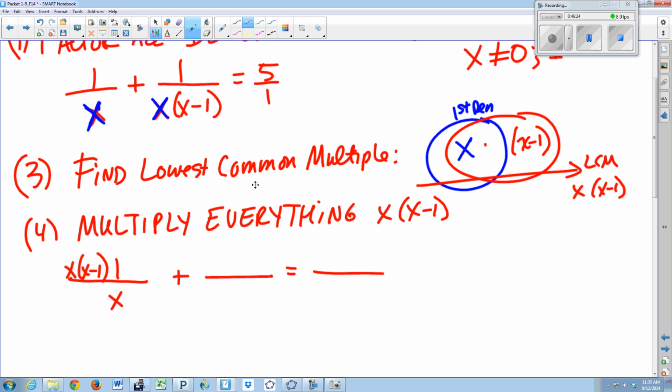Just throw everything in the numerator: x times x minus 1 times 1 over x times x minus 1, and then 5 times x minus 1 over 1. I'm going to put the original equation in black: 1 over x, 1 over x times x minus 1, and then 5 over 1. So you can see all I did was multiply each of these original terms by the quantity.